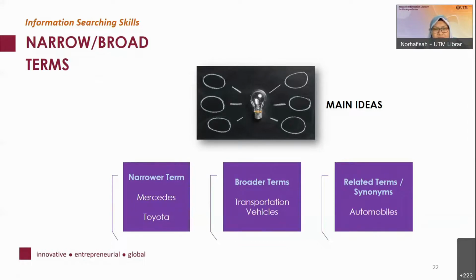Second, you can broaden the terms. For example, car is a transportation, or another word you can use is vehicle. The last is a related term or synonym. For example, car is one of the automobile terms, so you can use terms related to the topic.